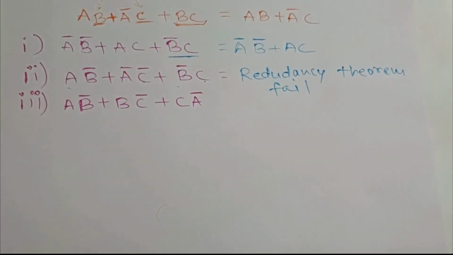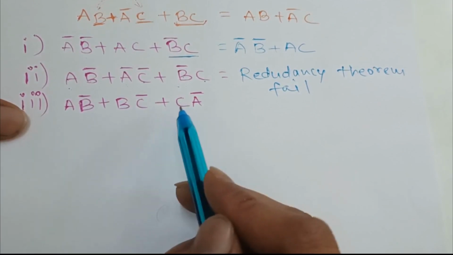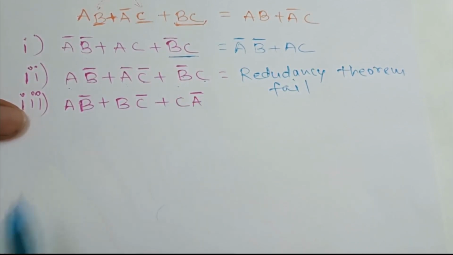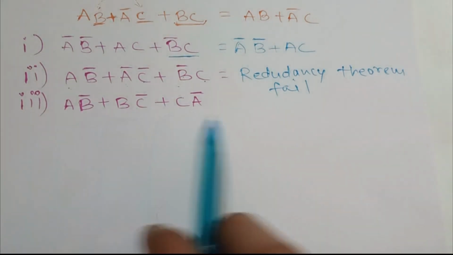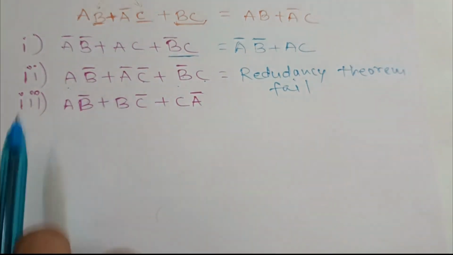In this equation, you can see all the terms which we have mentioned have come in complemented as well as non-complemented form. So we'll check for each variable whether the redundancy term is present or not in this whole equation.